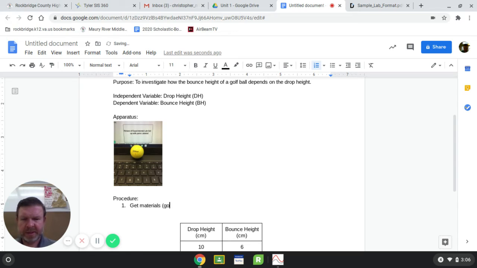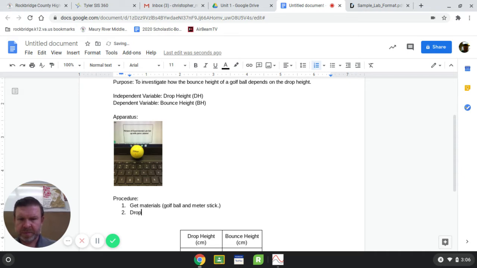you could say get the materials, which in this case is a golf ball and a meter stick. And then we're going to drop the golf ball from 10 centimeters and we can't just say measure where.